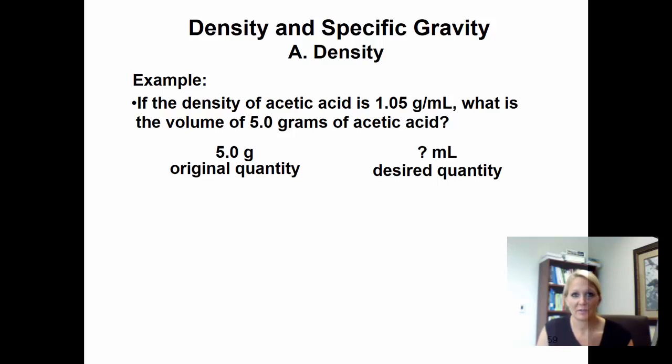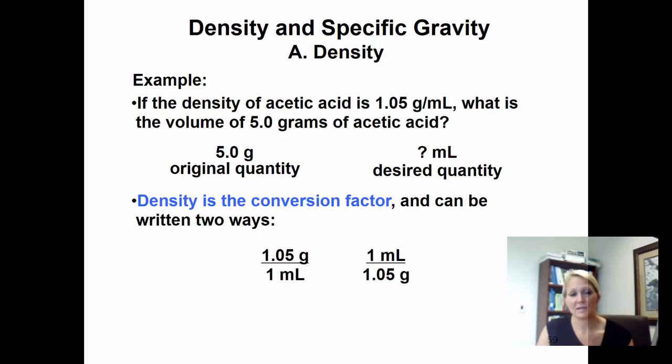We're going to use our density because that's our common relationship, because it has a mass and a volume unit, and we're trying to go from mass to volume, to milliliters. So density is the conversion factor. It's not like our typical 12 inches in a foot or whatever. So we can write it as 1.05 grams in 1 milliliter, or you can flip it over and write it as 1 milliliter per 1.05 grams. Same thing, you have two fractions that you can use.